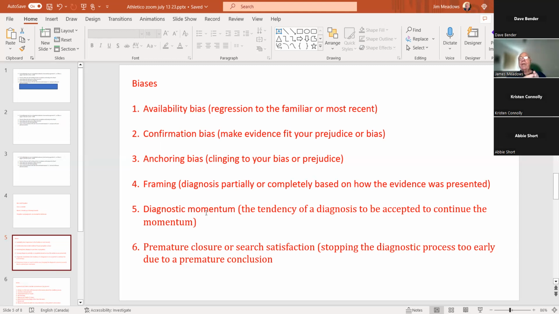If you read the lab report or the X-ray report before you do your examination, for example, your diagnosis at the end of this is going to be framed by those reports, and you don't want that. What you want is a completely open mind going in. And this is not good bias when this happens.